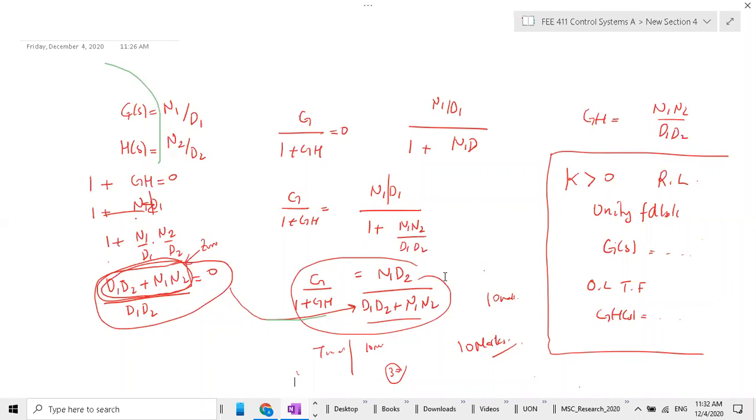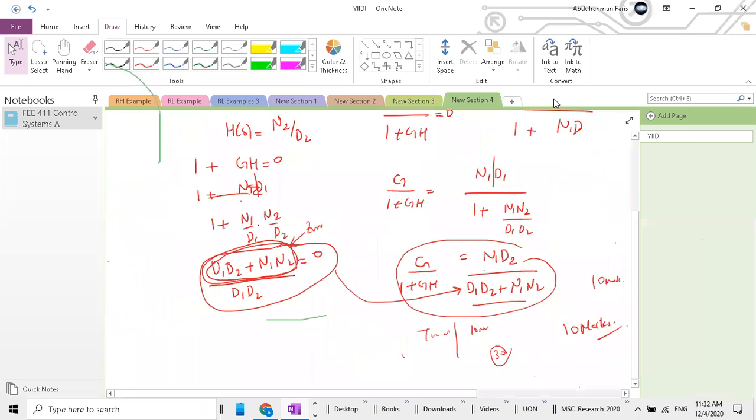Sir? Yes. Will you kindly repeat how you related the value K with the damping ratio in the root locus diagram? Oh, the value K with damping ratio.